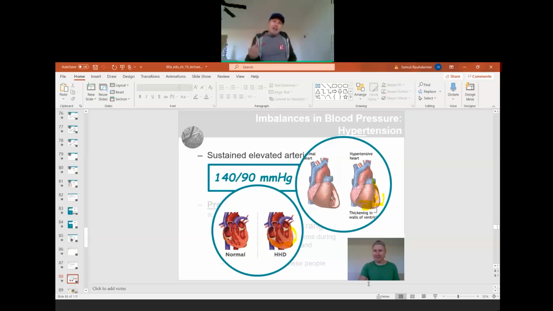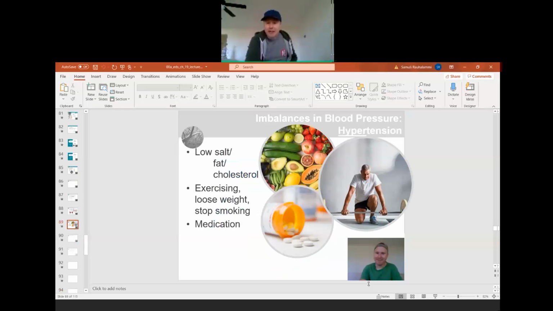Also stroke. So in these conditions, when you have hypertension, your heart ends up having to work much harder, your myocardium becomes larger, but even though it grows in size, it's very weak and it's very flappy, and plaques can end up building up. Some of the risk factors that can make you prone to have hypertension, so high blood pressure: it is hereditary, so you inherit that, but also a diet that's high in fat, high in cholesterol could be an issue.